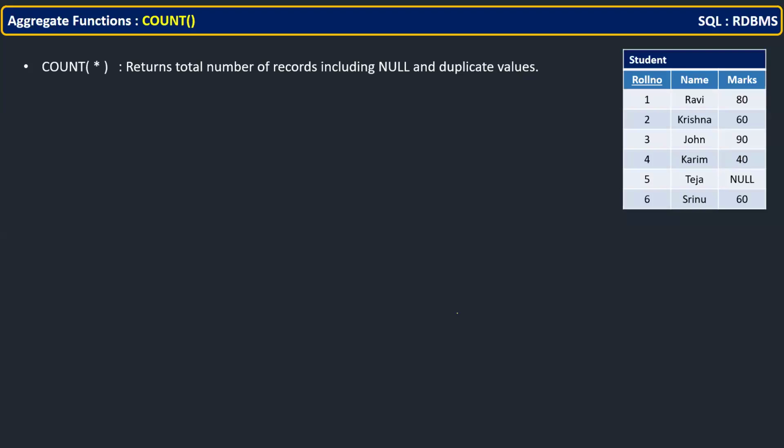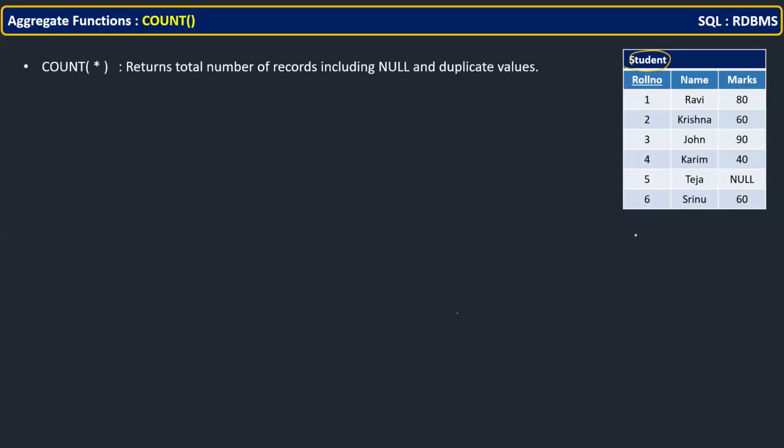So the count function. Observe first this particular data, the student table. Roll numbers 1, 2, 3, 6. Some names are there, some marks are there. Count is simply counting the number of records.